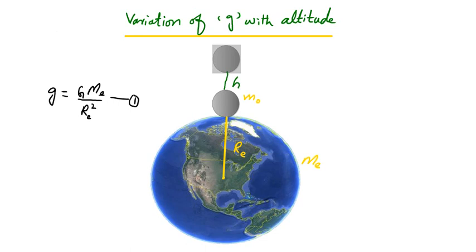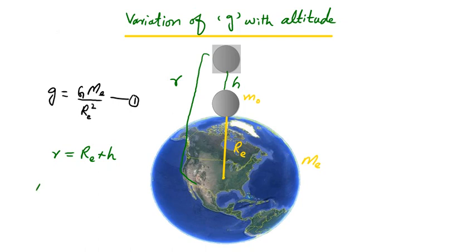Now the total distance from here to here, we consider, for example, r. Now according to the equation, the distance r will be the radius of the earth plus height, which is the altitude of this object from the surface of the earth.